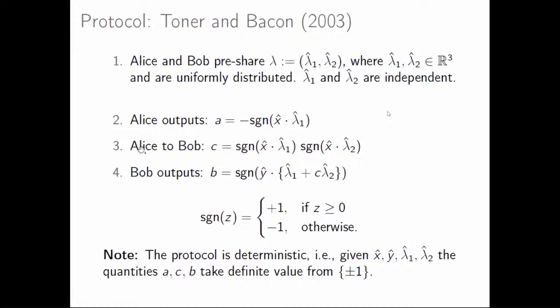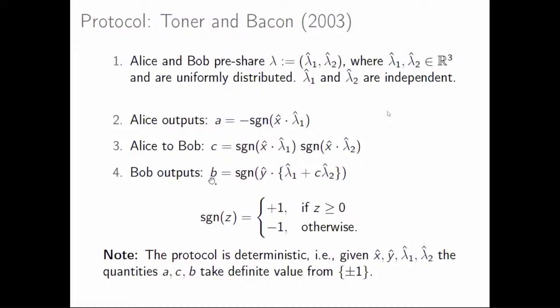Now Alice sends a bit C to Bob according to the following rule. It is the sign function of her measurement direction with the first shared random vector, and of her measurement direction with her second random vector, which she shares with Bob.